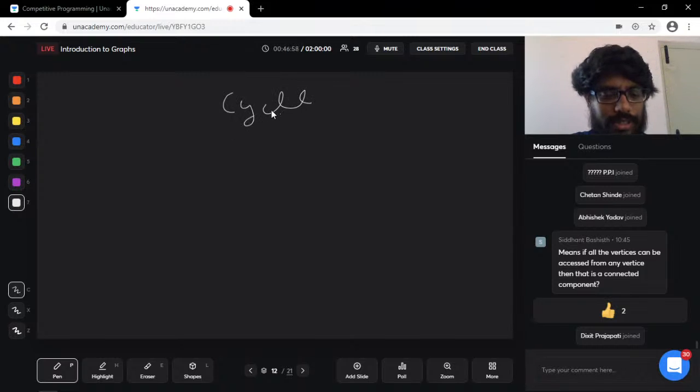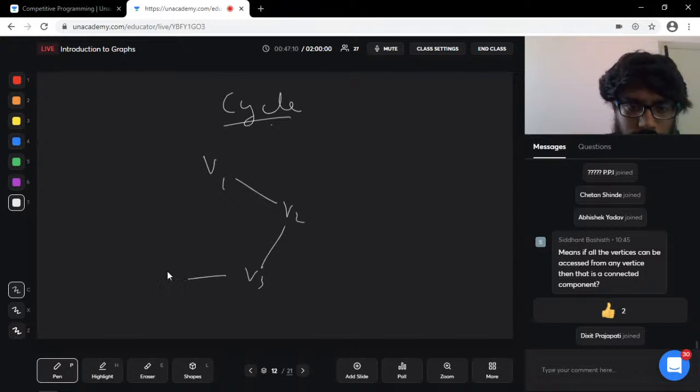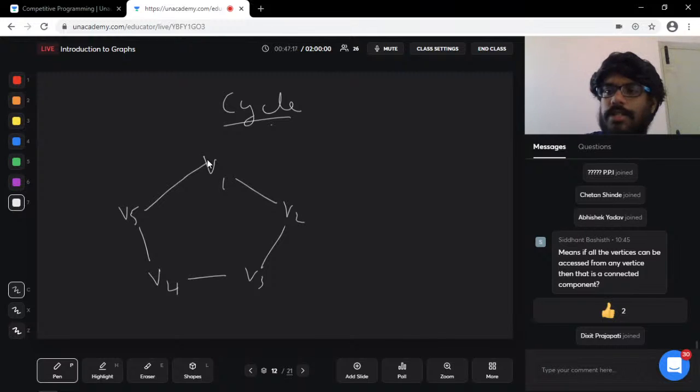I don't want to use the word component again. So a cycle, right? A cycle is nothing but, it's this, right? It's a loop. It's a circle. It's a cycle, right?